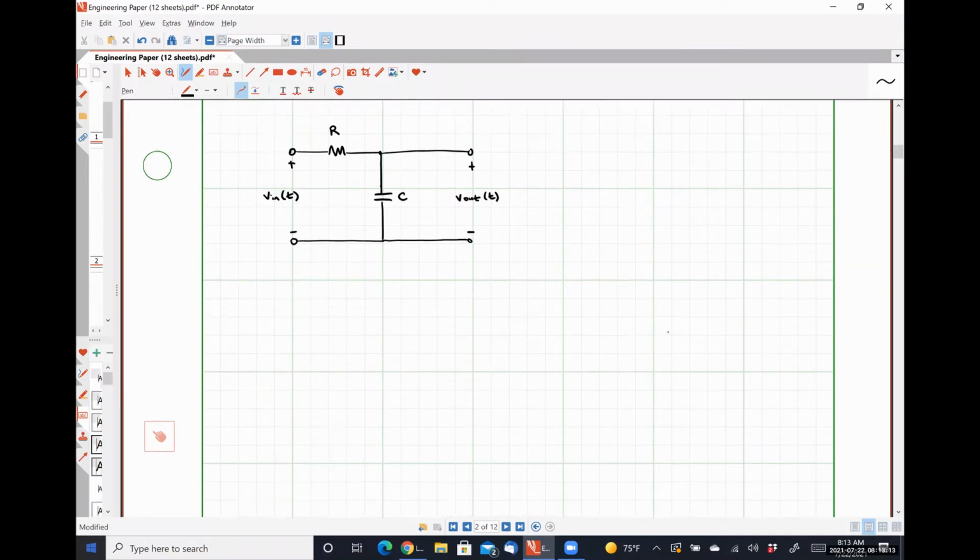In the frequency domain, this circuit looks like this. We're going to have an R here, but we'll have a 1 over j omega C, excuse me, 1 over j omega C. Oh my gosh, can't believe I screwed that up.